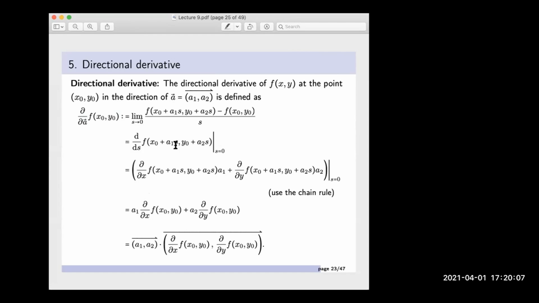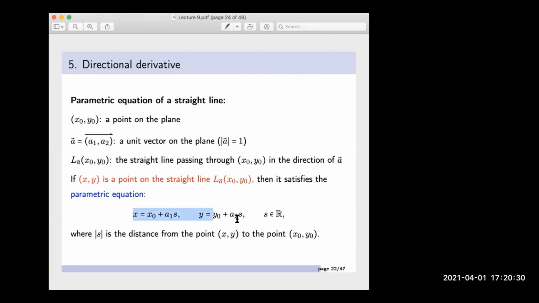So if the point moves with a distance s, then the point would become this new point. So the x component becomes x0 plus a1s. The y component becomes y0 plus a2s. And this is from here.